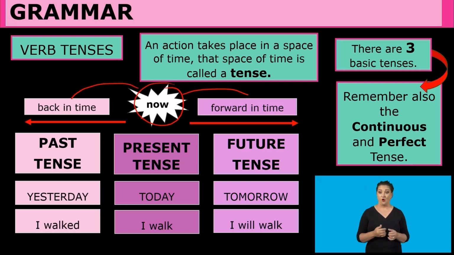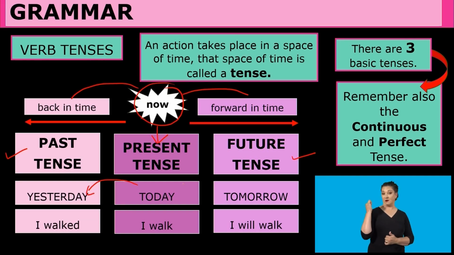When we're moving forward in time, that becomes the future tense. When we're moving backward in time, that becomes the past tense. And right now is the present tense. See how I've identified it as today. Then when we're moving back, it is yesterday. And when we move forward, it is tomorrow. Now look at our example. I walk, that's today.